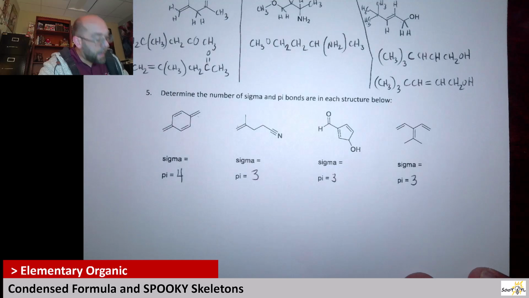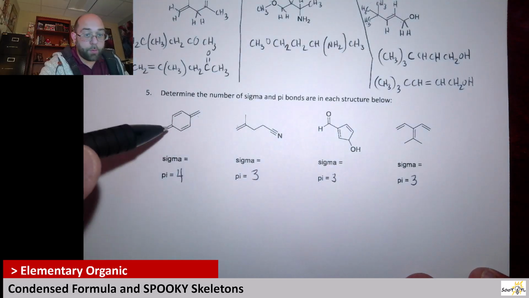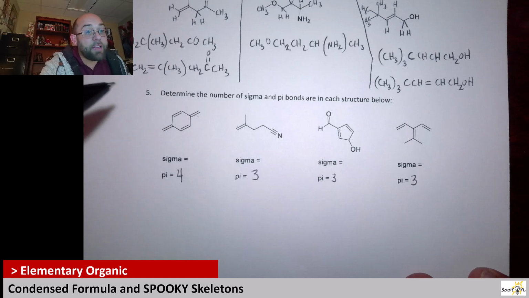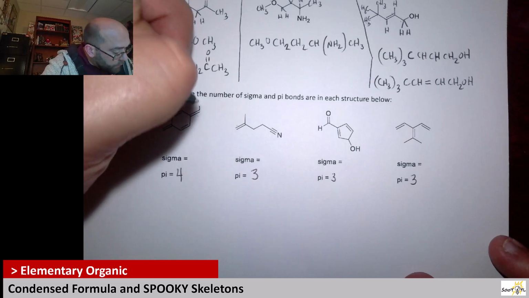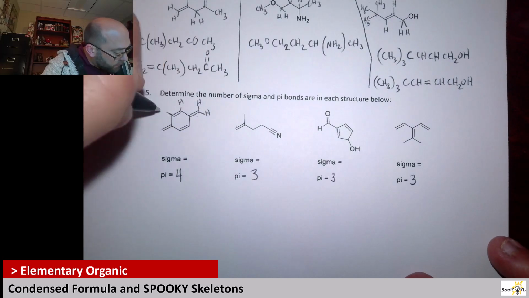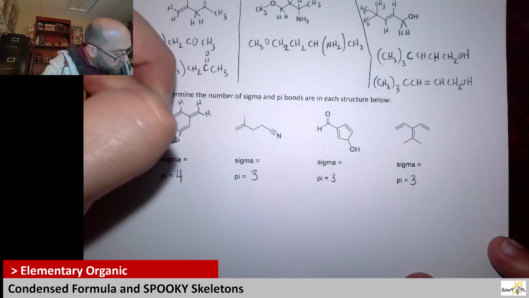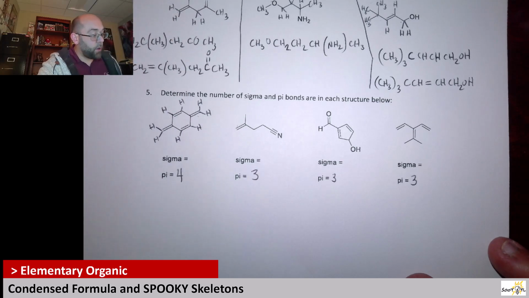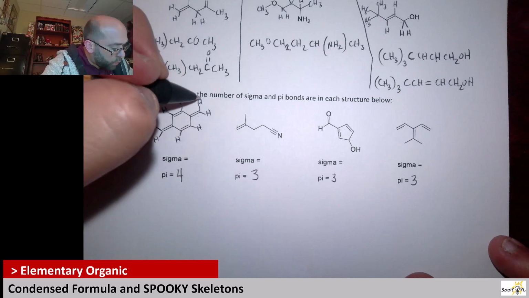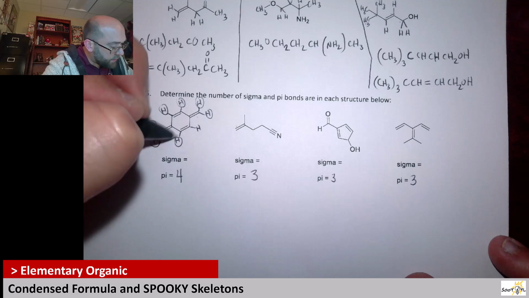All right. Now, in counting the sigma, you count one of each of those double or triple bonds, but you also have to count the invisible hydrogens. So we need to put those guys on there. So I'm going to go ahead and do that. All right, so if I just count the hydrogens, I've got 1, 2, 3, 4, 5, 6, 7, 8.